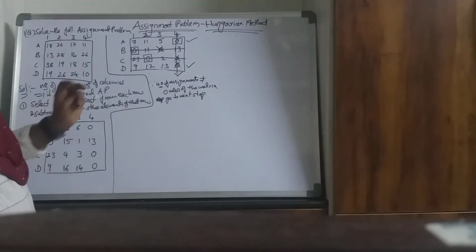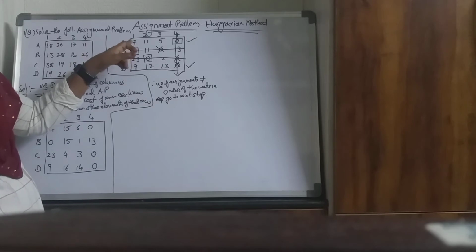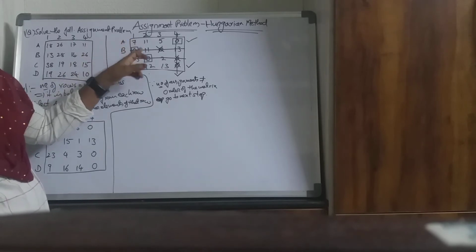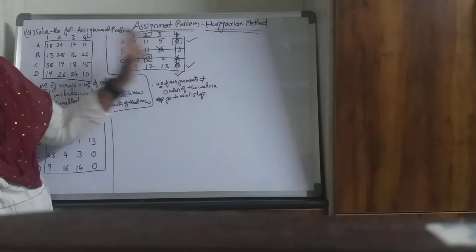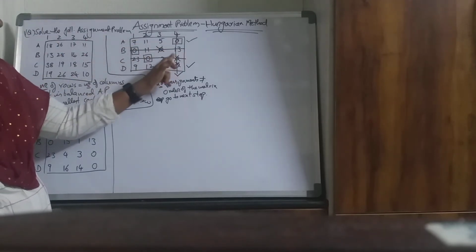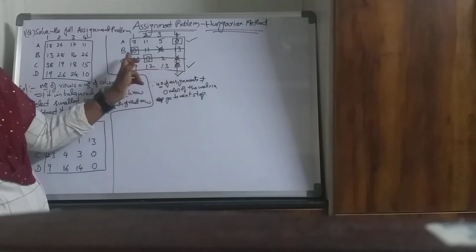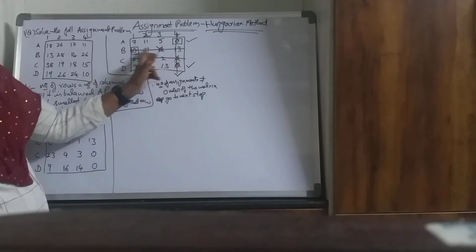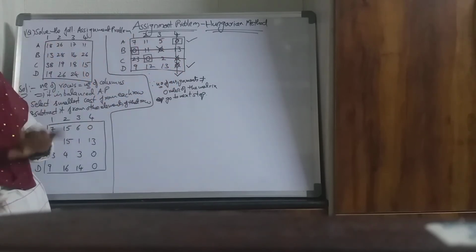Okay. Now what we should do is subtract this 7 from the elements which don't have any line passing through them, add this 7 to the elements which have 2 lines passing through them, and the other elements which have 1 line passing through them, we should write as they are.